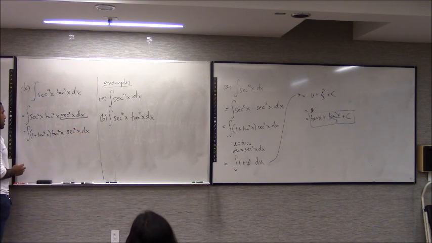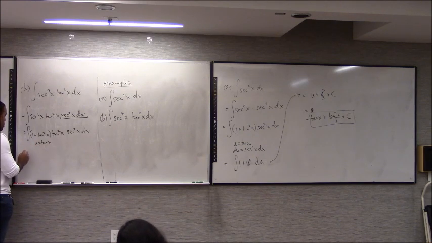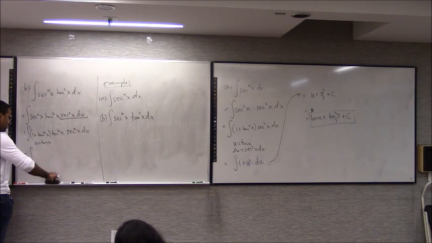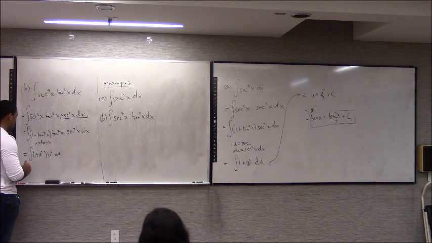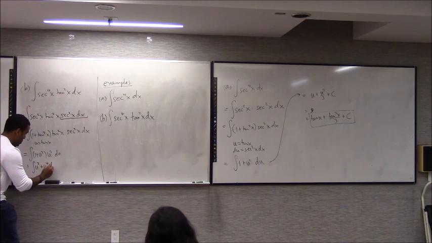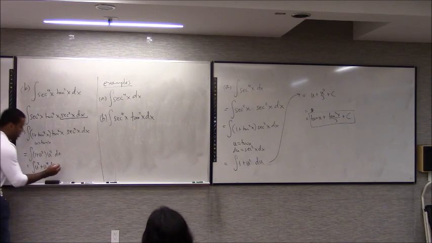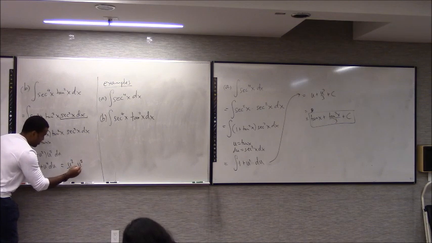So what's that going to look like? At this point you can let u equals tangent. You're going to end up with the integral of 1 plus u squared times u squared du. This is the integral of u squared plus u to the fourth du. This is equal to u cubed over 3 plus u to the fifth over 5.